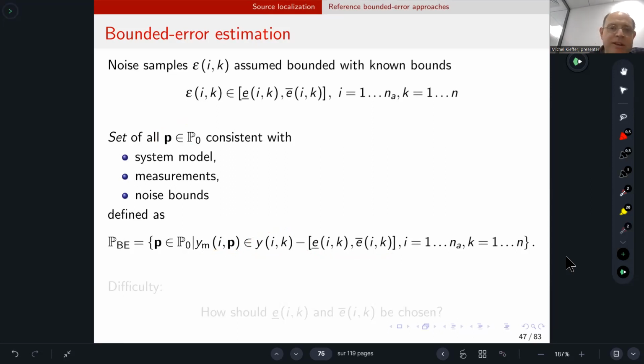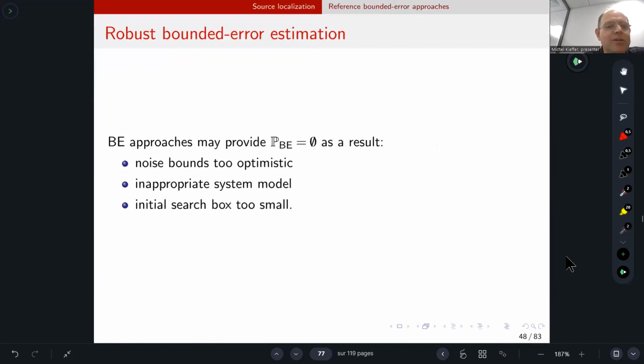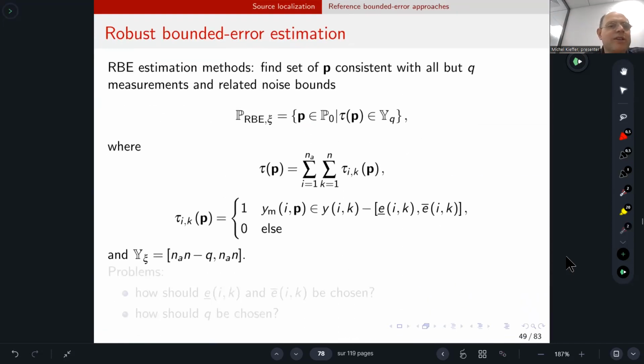The main difficulty in bounded error estimation, a question I get every time I make a presentation about it, is how do you choose the noise bounds, since in practice you do not know them? In some situations we may get an empty estimate, and this empty estimate may result from noise bounds which are too optimistic, or the model is inappropriate, or the initial search box is too small. So in that case, we can switch to robust bounded error estimation.